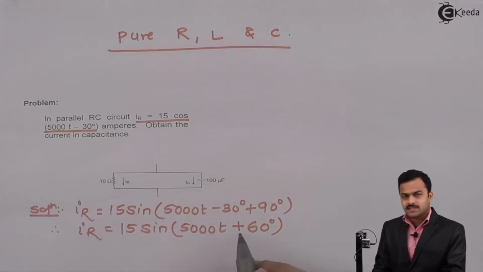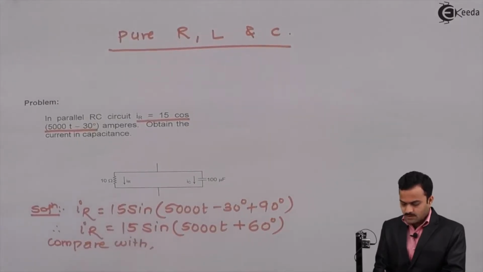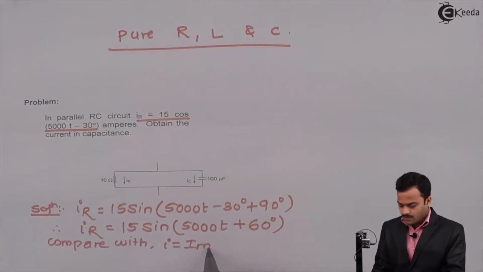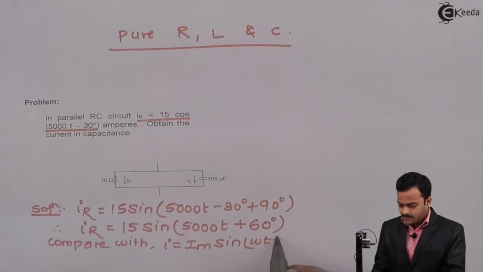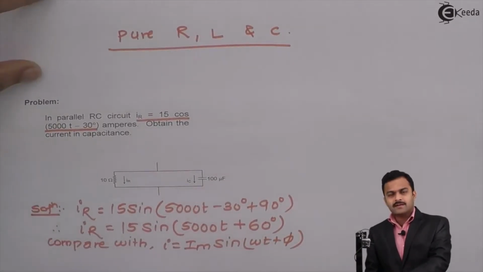Why have I done this? Because this equation I am going to compare with the standard sinusoidal current equation, I equal to Im sin(omega t + phi). So, if I compare, what will I get?